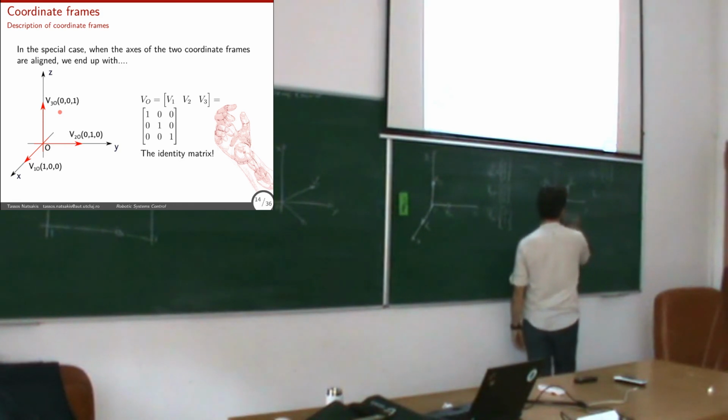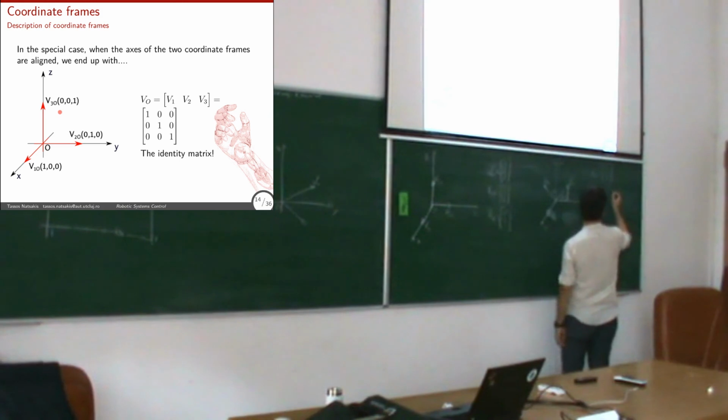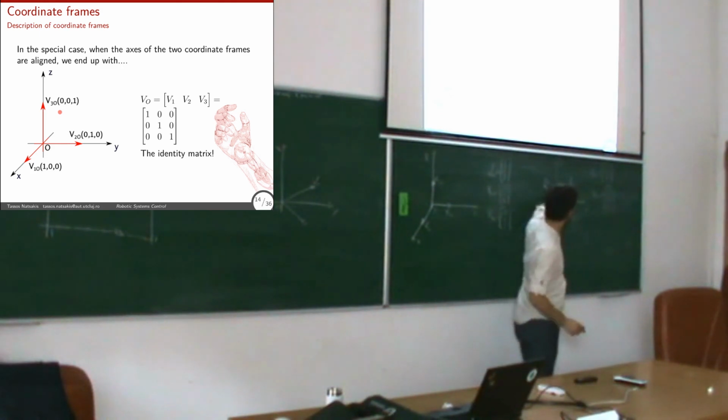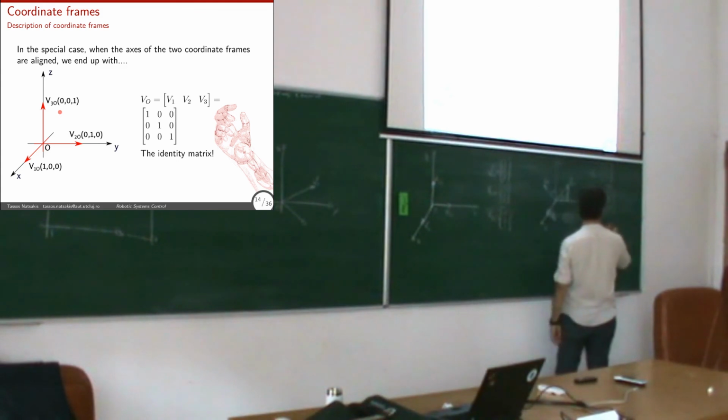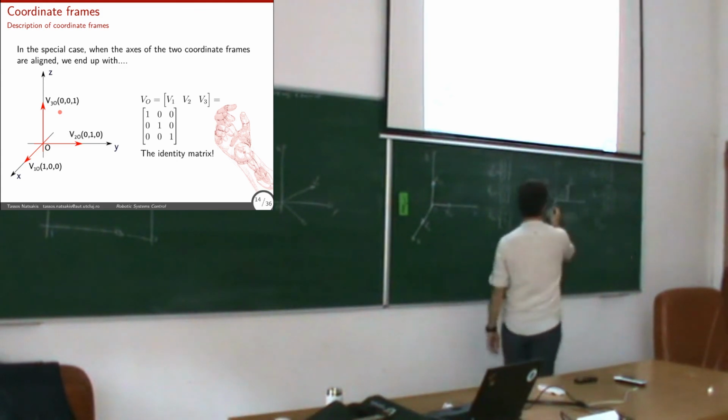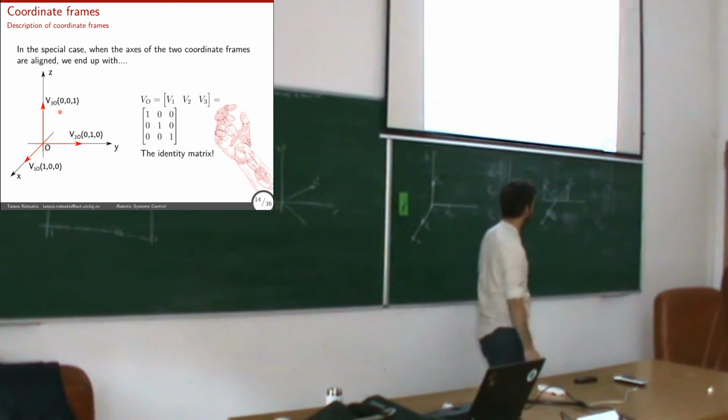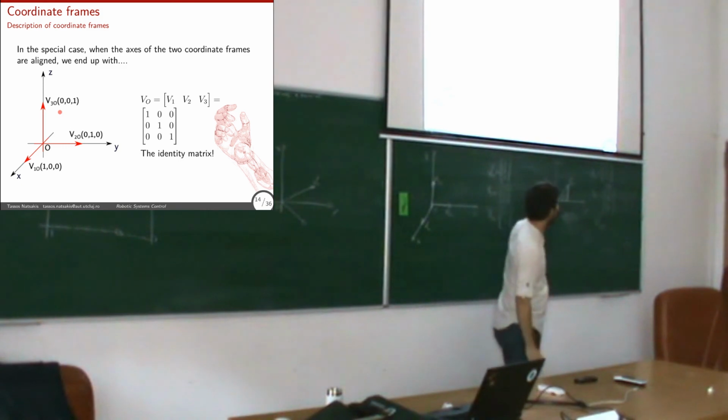So I think it's 1 over square root of 2, right? So it's 0, 1 over square root of 2, and 1 over square root of 2. And for this one, what is this distance?